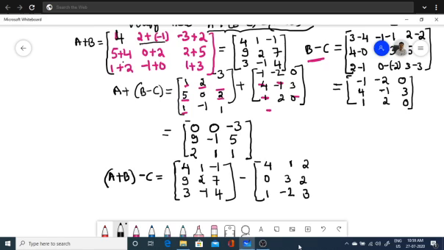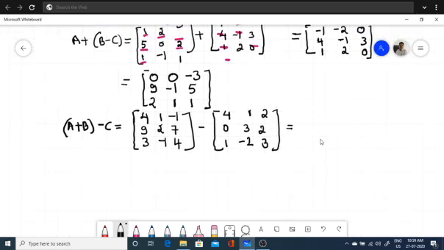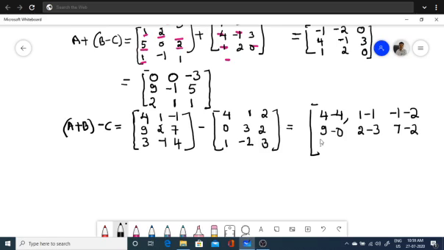So we have to subtract the elements of C from A plus B. From this we conclude that 4 minus 4, and 1 minus 1, and minus 1 minus 2, then 9 minus 0, and 2 minus 3, and 7 minus 2, and 3 minus 1, and minus 1 minus of minus 2, and 4 minus 3.